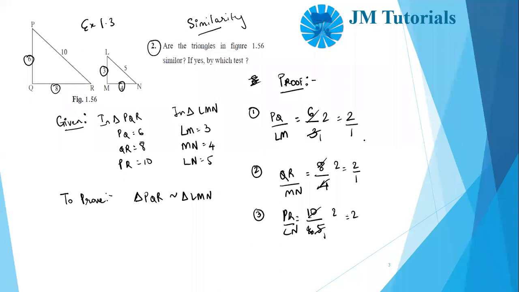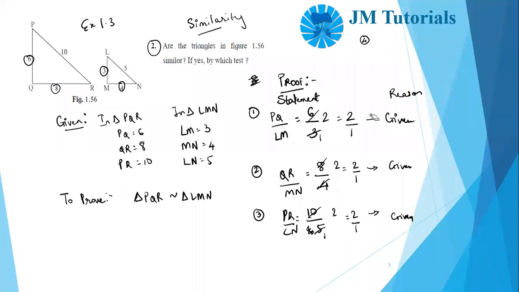So now what you will say in the next step? In the next step, your fourth step, suppose I write the fourth step here. Okay. What should be the reason for this? All this? You will say given, because it's given to you directly. You're putting the given values. So given. And in the exam, I want you to write in this format. Proof likhoge, statement, and on top you'll write: this is the statement and this is the reason.